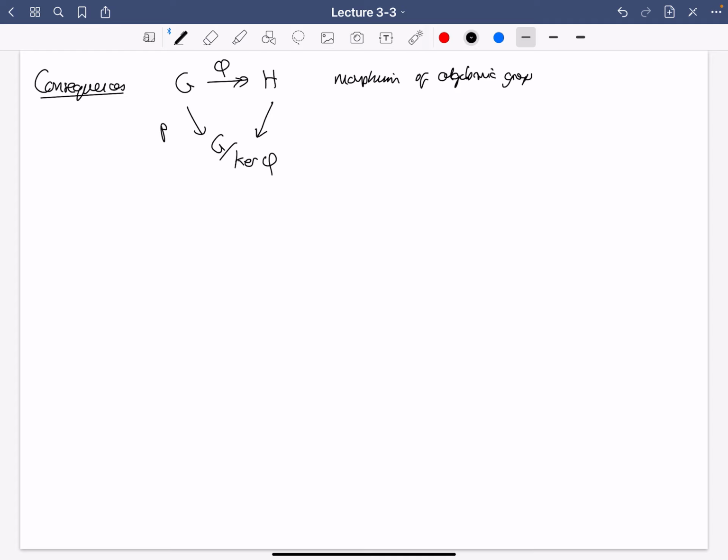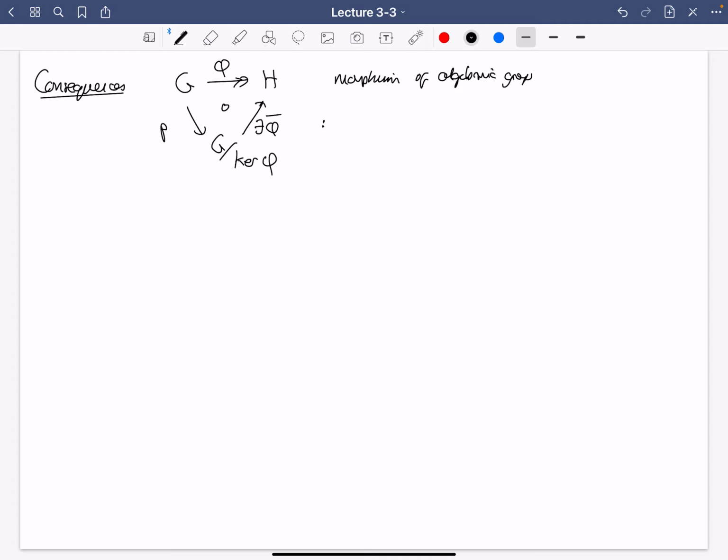Then of course you know there's this group isomorphism phi bar induced. That's just the usual first isomorphism theorem for abstract groups. So this goes from, it goes, and am I going the wrong way? Yes, I probably am. I seem to have reversed my picture.